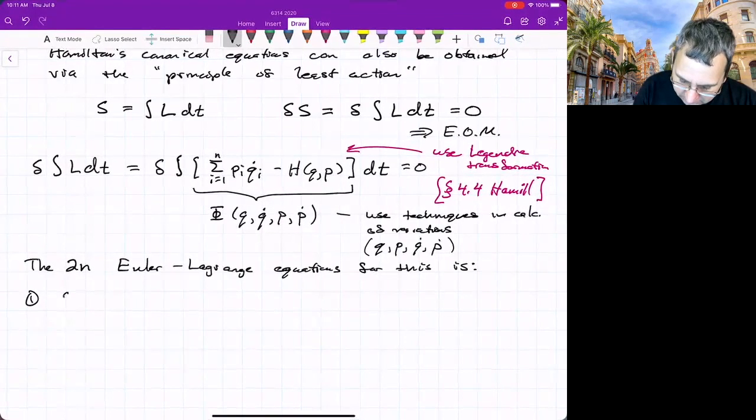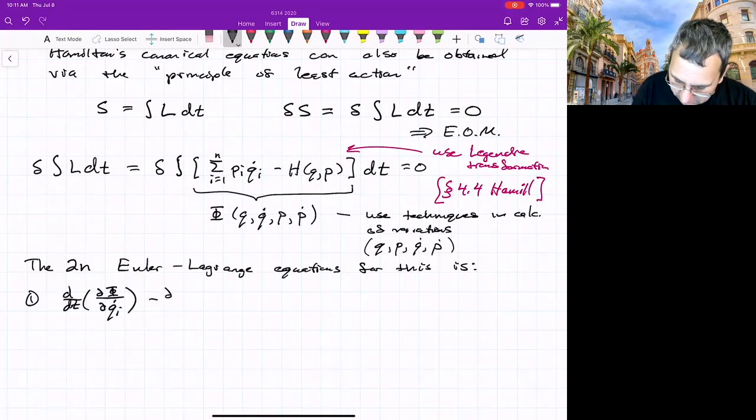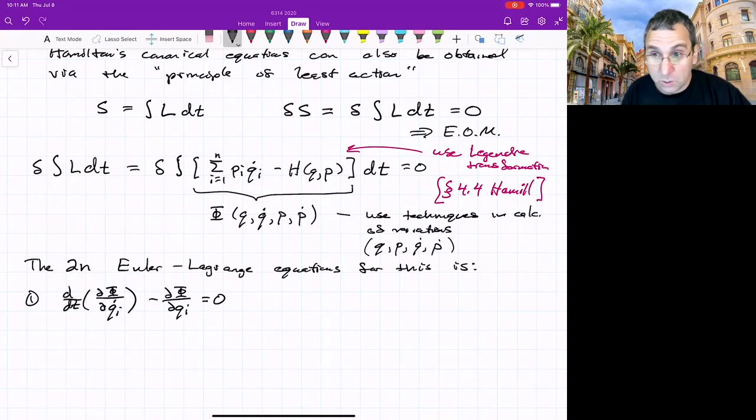So there's d/dt of partial phi partial q_i dot, minus partial phi partial q_i, equals 0. That's just the Euler-Lagrange equations for this phi. The index i goes from 1 to n. And what do we get?